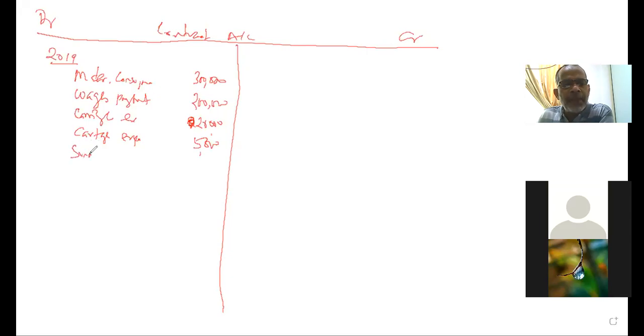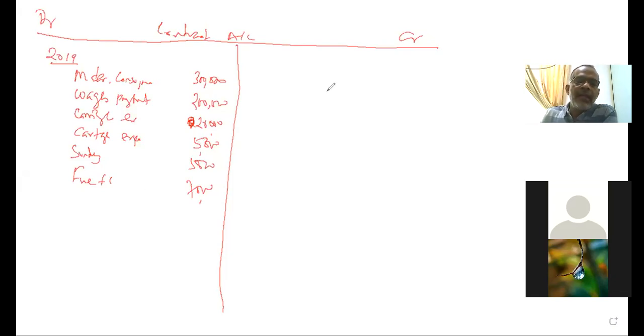Next, fuel expenses, 7,000. Okay, I will repeat again: material consumed 300,000, wages payment 200,000, carriage 20,000, cartage 5,000, sundry 5,000, fuel expenditure of 7,000 incurred for the year 2019. Is it okay now?